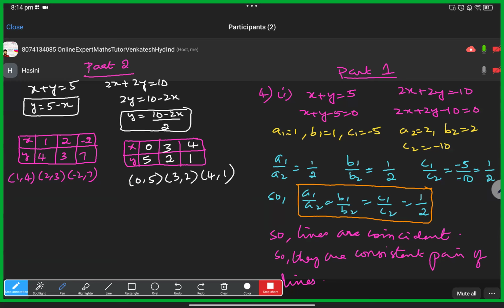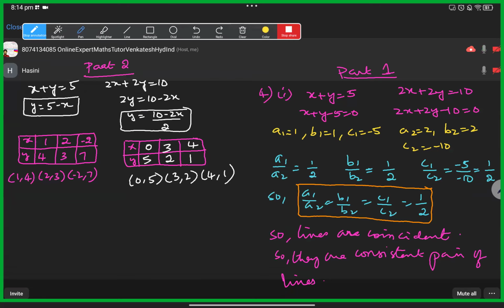If I plot these, Hasni, then we will get the graph. So I'm plotting the graph now. I think here it is sufficient, I'll plot very small.